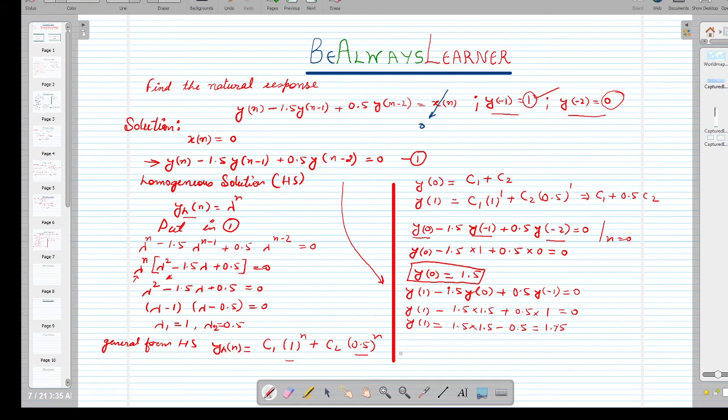Now we are having two equations to solve the value for C1 and C2. So I am just using these two equations. So this will be C1 plus C2 is equal to y0 and y0 is equal to 1.5, right?